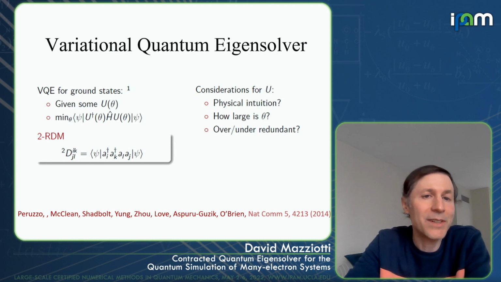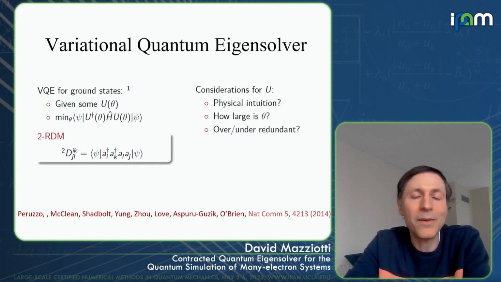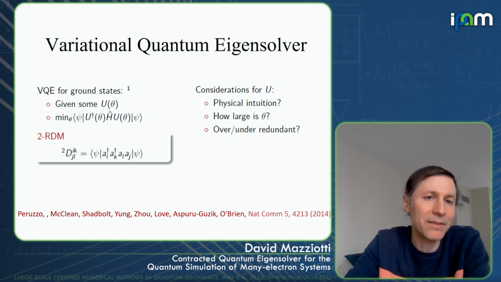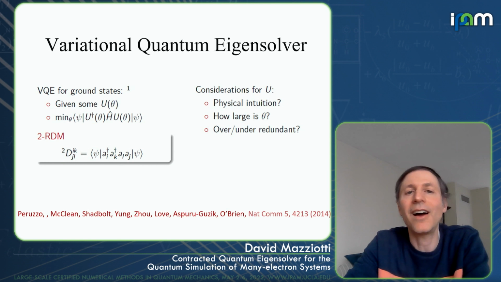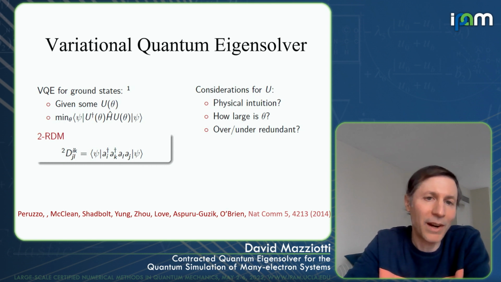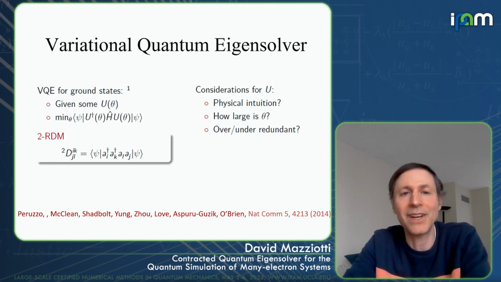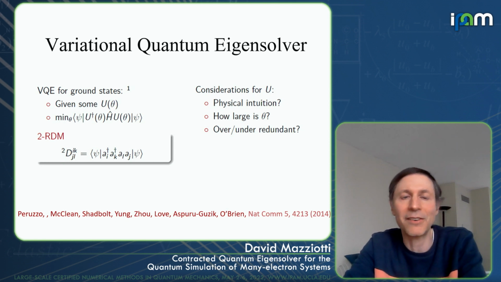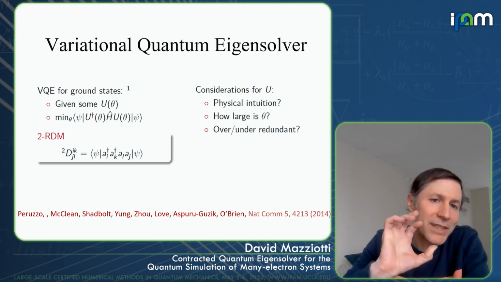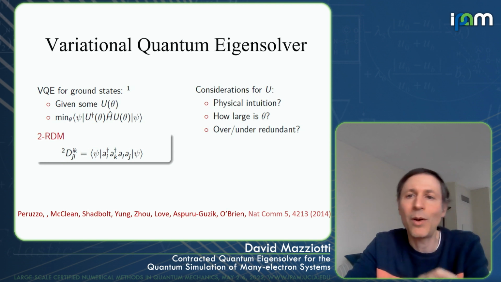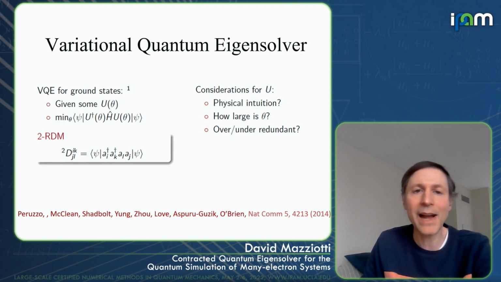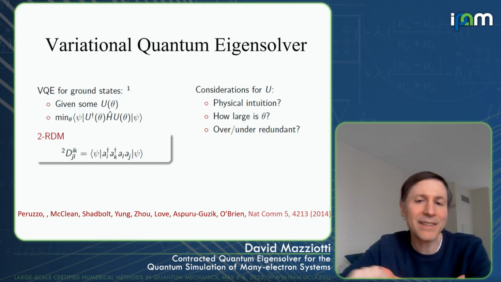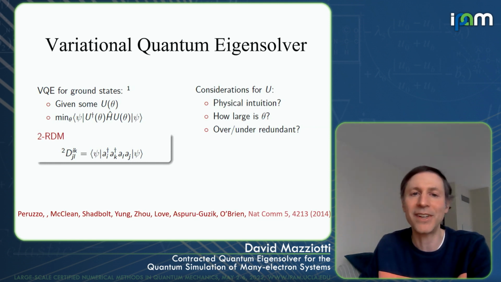Given some unitary transformation, one minimizes the energy over a series of parameters theta, where these unitary transformations are applied to the wave function to transform it to hopefully something close to the correct ground state wave function. And then once the wave function is generated on the quantum computer, we actually don't want to bring that wave function back to the classical computer, because then the cost is exponential.